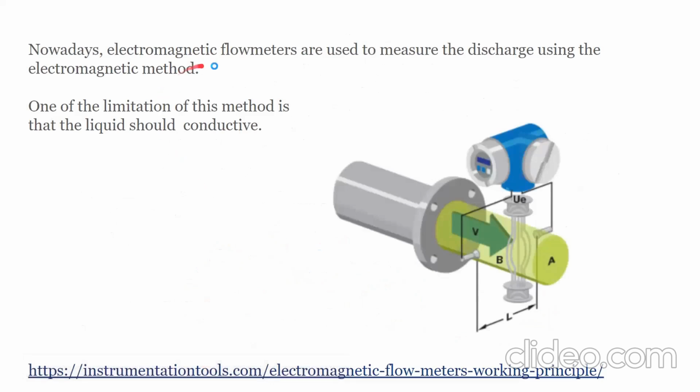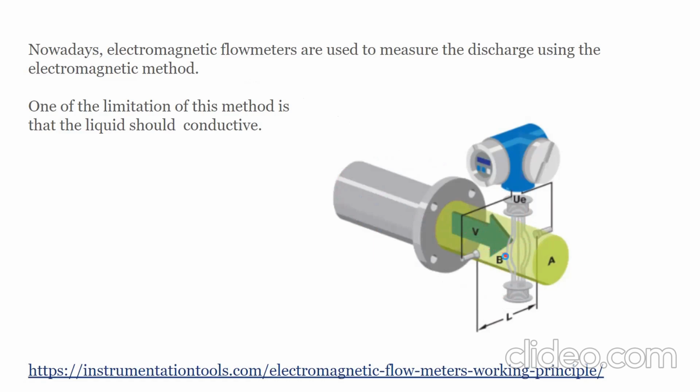Nowadays, electromagnetic flow meters are used to measure the discharge using electromagnetic method. In this figure, you can see the electromagnetic flow meter in which these are the coils which produce the vertical magnetic field. When the water flows through this pipe, it cuts the vertical magnetic field in the perpendicular direction and an EMF is induced in this direction.